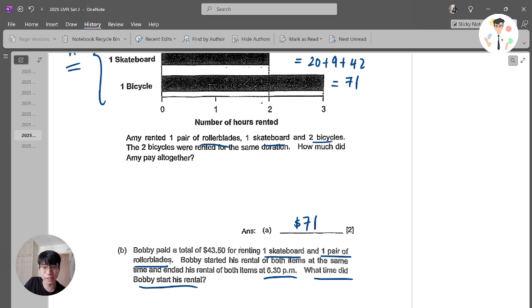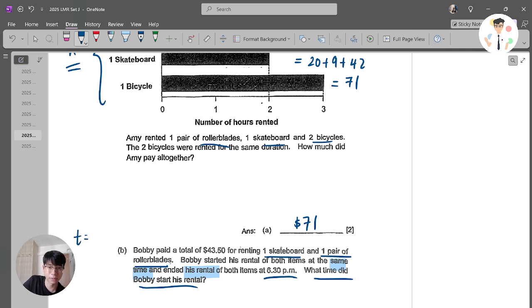So the first thing here is 1 skateboard. I don't know how long, right? This is the time that I basically need to find. But what I know here is they rented at the same time and ended at the same time. It means that the time of the skateboard and rollerblade is the same. Again, do I know how much time? I don't.